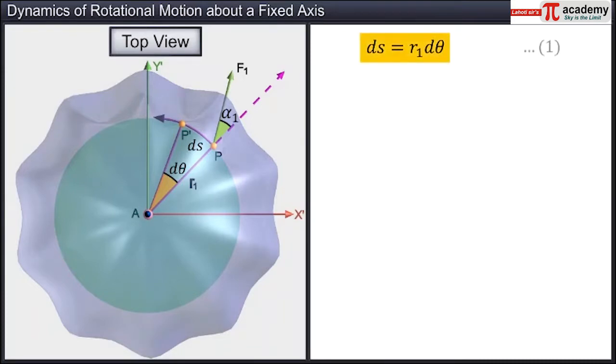Let this be equation 1. A tangent drawn to the circle at P represents the direction of ds. Phi 1 is the angle between the tangent at P and the force F1. From the figure, we see that phi 1 plus alpha 1 is equal to 90 degrees.